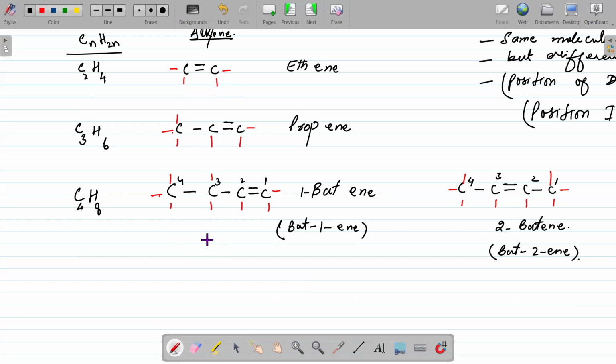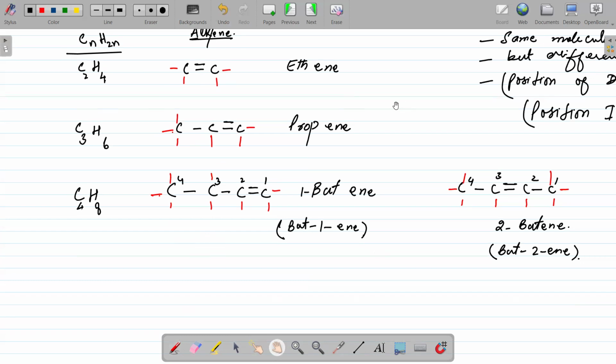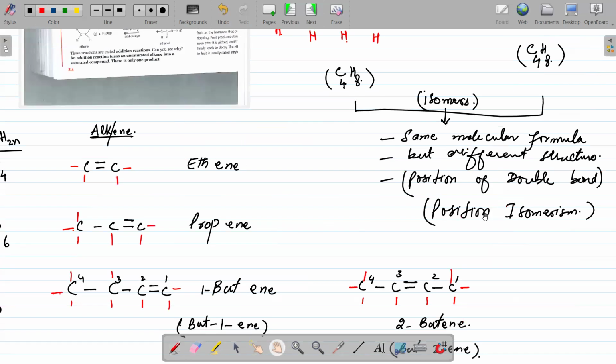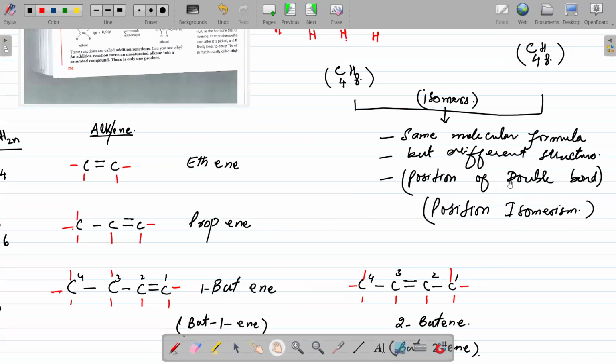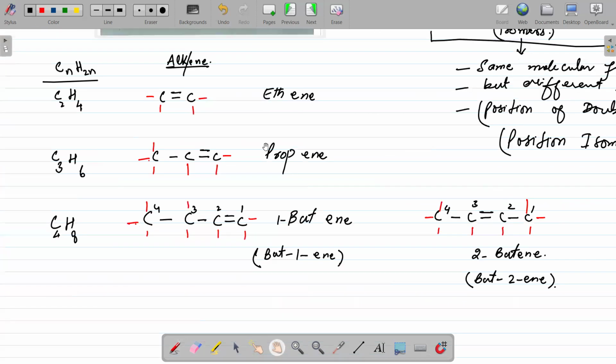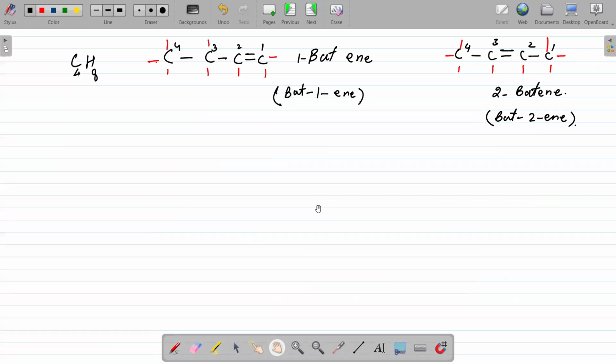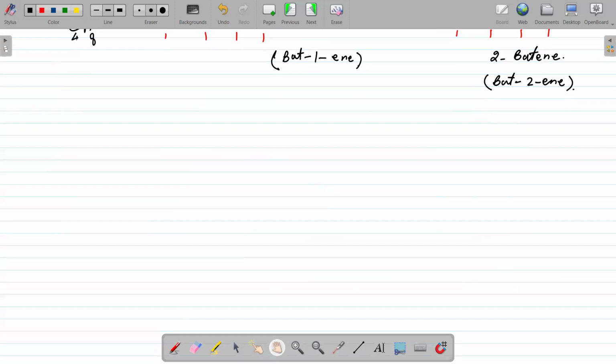Is it clear? Okay. Now, after discussion of this isomerism. Which type of isomerism? They show position isomerism, their naming and their structures we can draw like this. Let's talk about their chemical properties, which are very important.